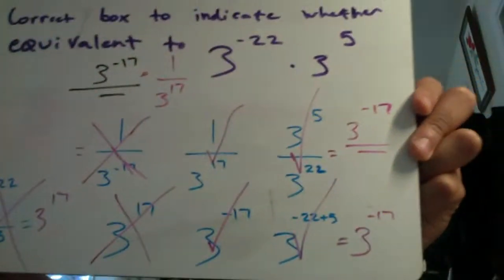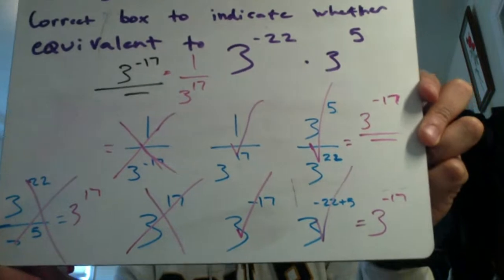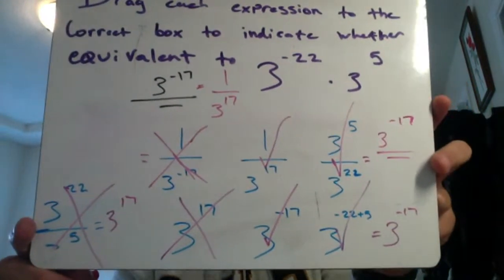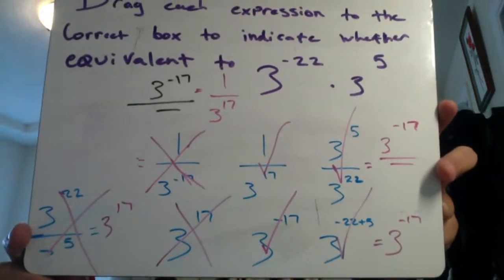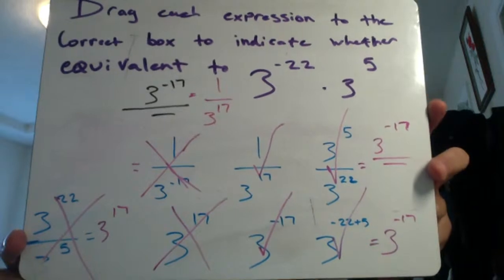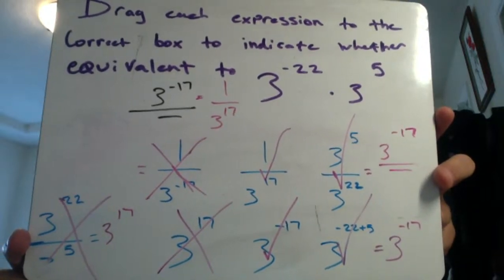Negative 22 plus 5 is negative 17. So all the ones that have checks on them are going to go into the equivalent box. All of the ones that have X's on them are going to go to the not equivalent box. I'll leave this up for a couple more seconds because we're about to move on to the next problem.